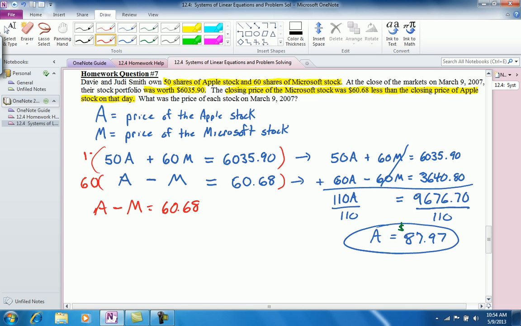I know that the A is 87.97 minus M equals 60.68. I am going to subtract 87.97 from both sides.